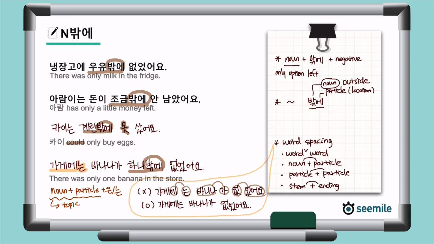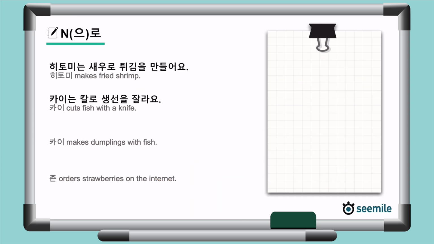Let's take an example. 히토미는 집 밖에 없어요. Here's the space, so it means that Hitomi isn't outside the house. But here, 히토미는 집밖에 없어요. There's no space between the 집 and the 밖에, so it means that Hitomi doesn't have anything else other than a 집.